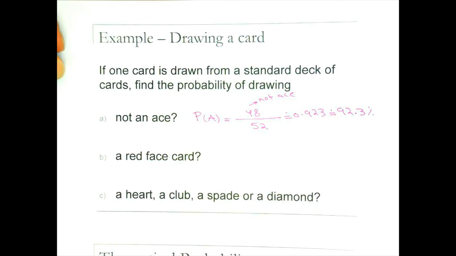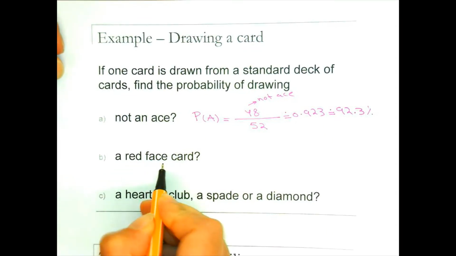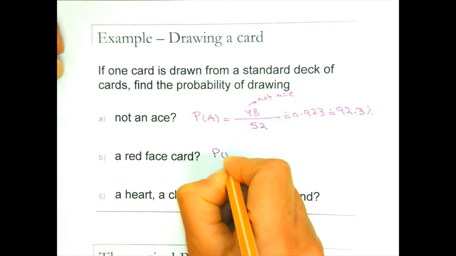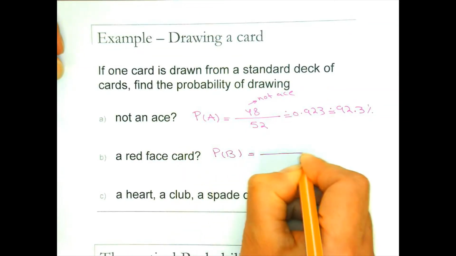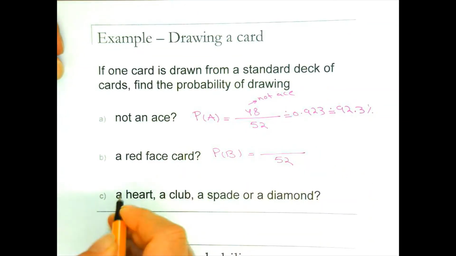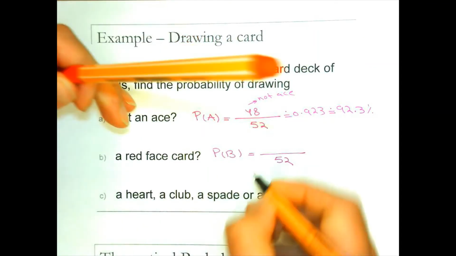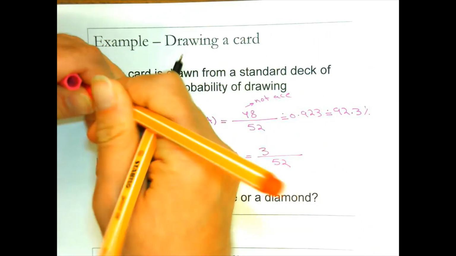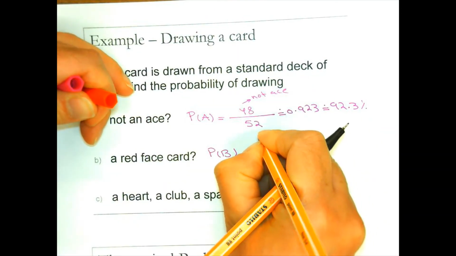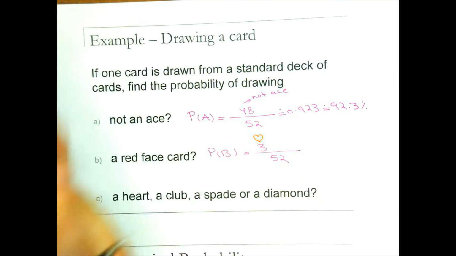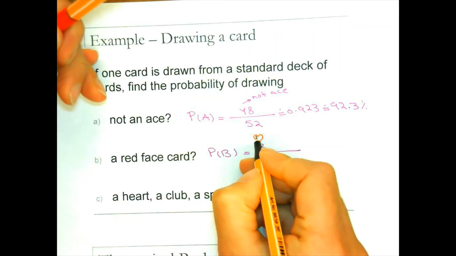Now, a red face card. So again, we have 52 cards. Now we have 3 face cards that belong to hearts: king, queen, and jack of hearts.